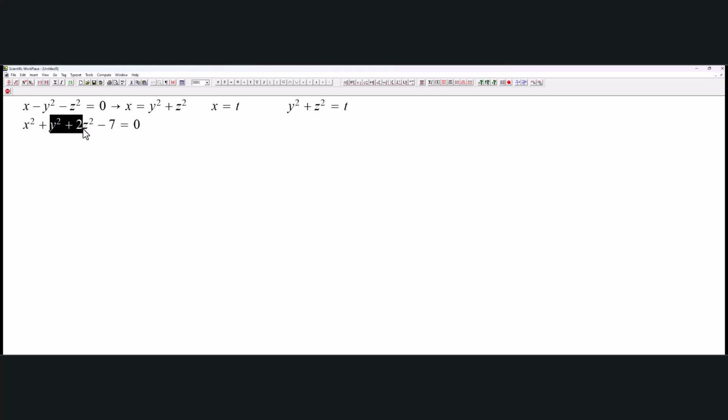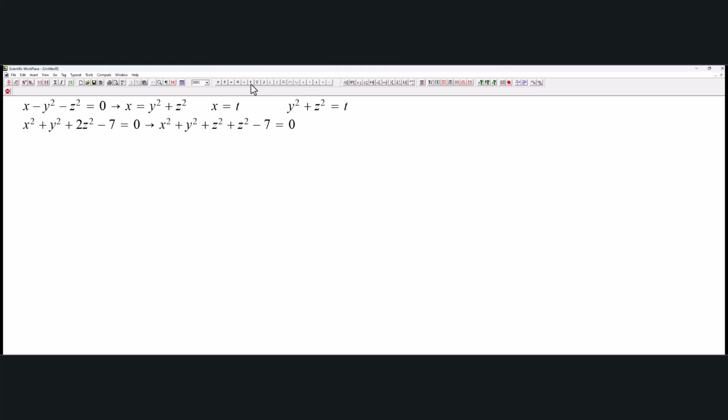And we can extract that y square plus z square in here in the following manner, that here we can split this z square as z square plus z square.